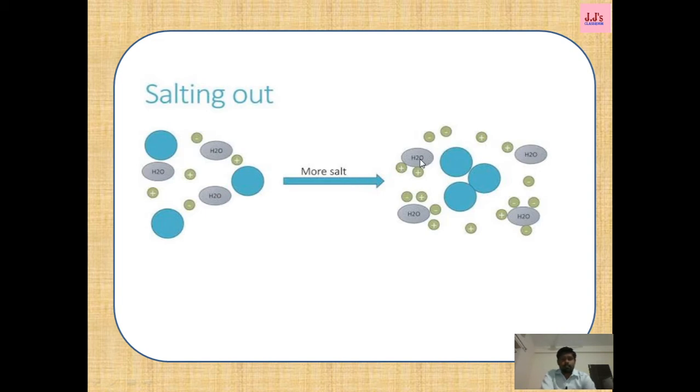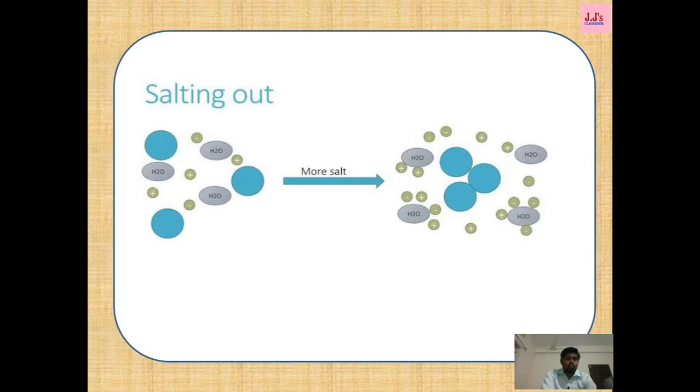In this figure, the salting out agent attracts the water molecules towards them, and because of that reason the solute particles which were surrounded by the water are now free. Look at the figure. Now these solute particles are free, no water molecules surround the solute particles.